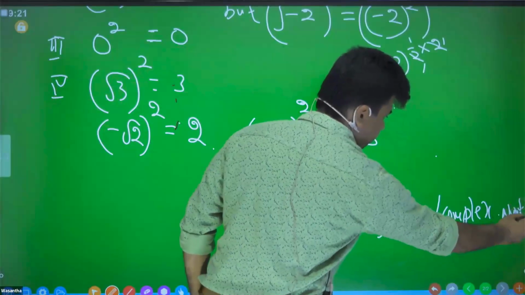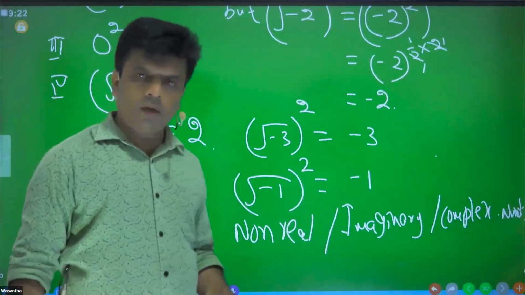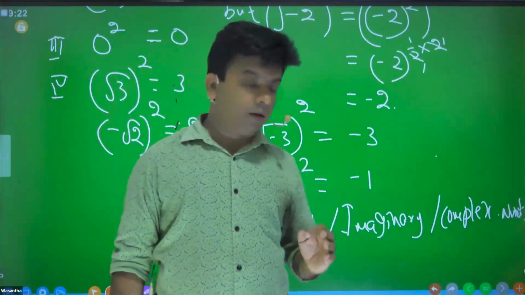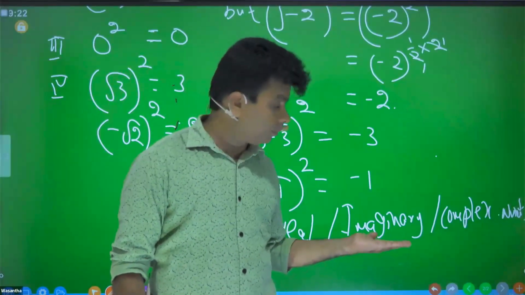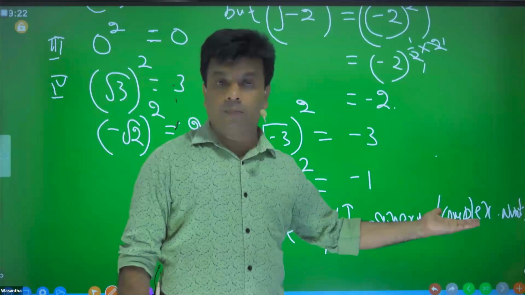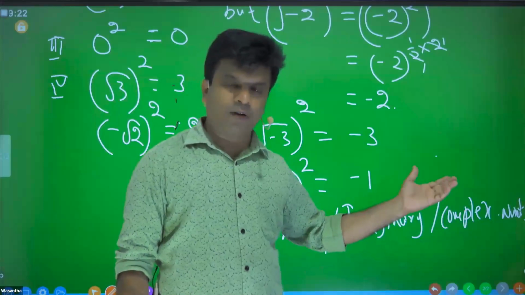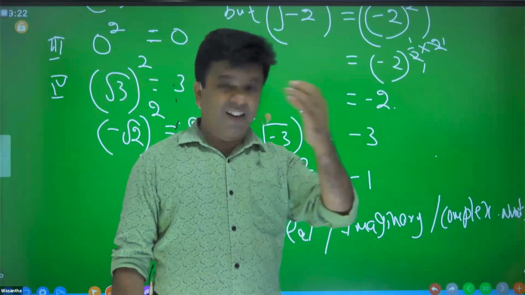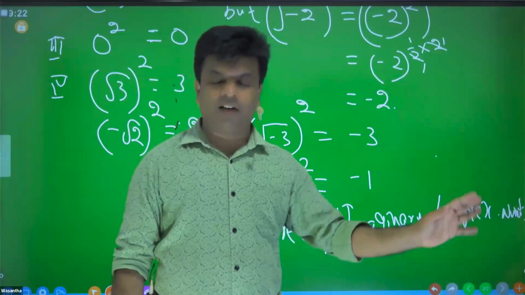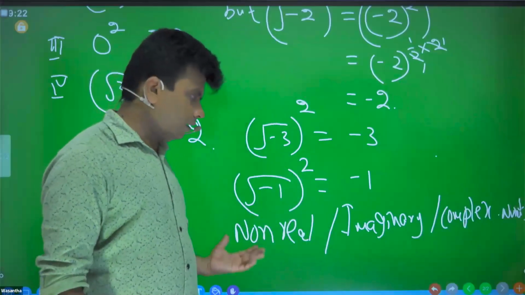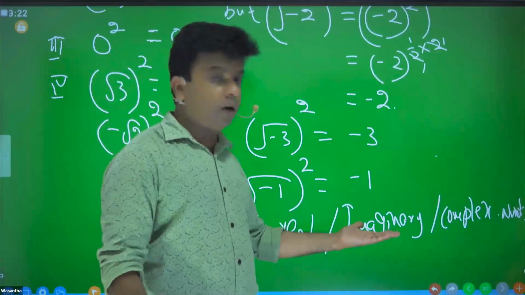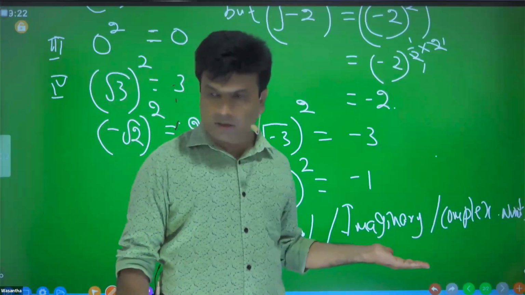You can use any of these words, but mostly we are using imaginary numbers. When we talk about complex numbers, we have a different lesson, so wait until then. Non-real or imaginary, but mostly we use the word imaginary.